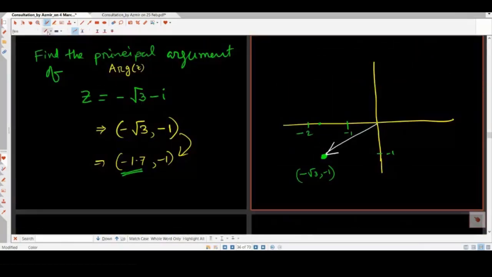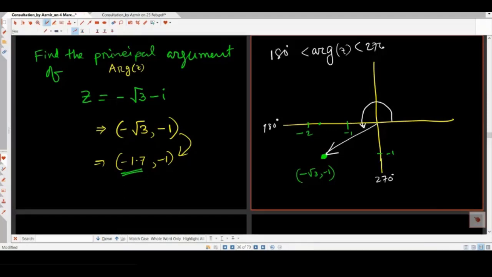So here, first of all, we can make an assumption that the angle from the positive x-axis to the line is between 180 degrees and 270 degrees. So this argument, small arg, is between 180 degrees and 270 degrees. This is our first assumption.